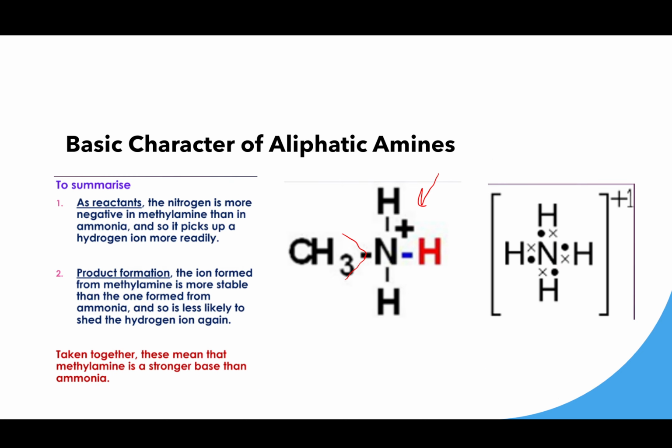But with product formation, the ion formed from methylamine is more stable than the ion formed from ammonia, and so it's less likely to shed the hydrogen ion again. Those two things exemplify the fact that methylamine is a stronger base than ammonia.